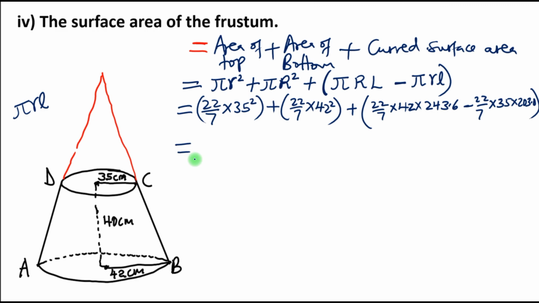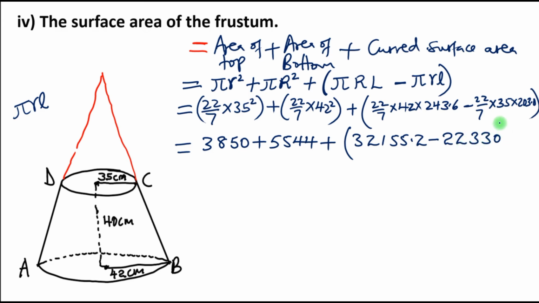Therefore, we end up getting 22/7 times 35 squared, that is 3850, then plus 22/7 times 42 squared, we get 5544, then plus the other one will be 22/7 times 42 times 243.6, we get 32,155.2, minus 22/7 times 35 times 203, we end up getting 22,330.